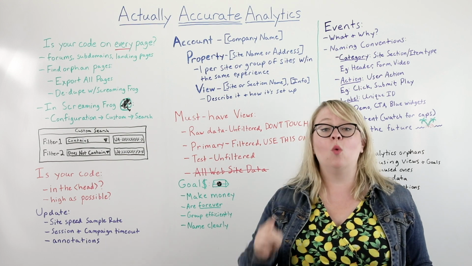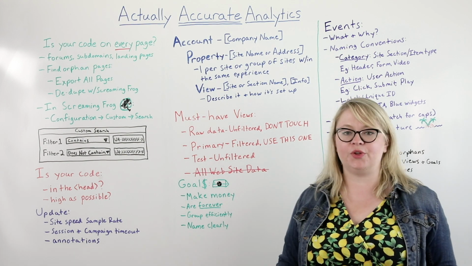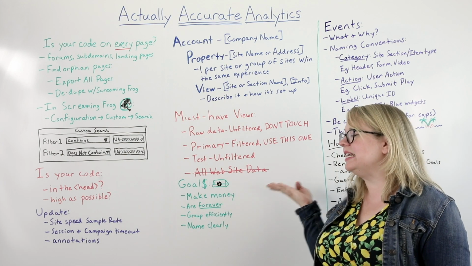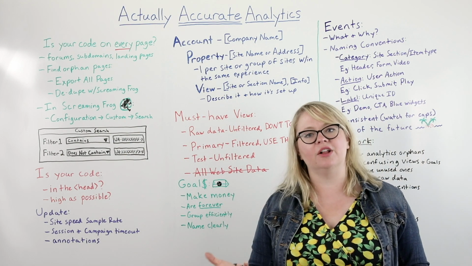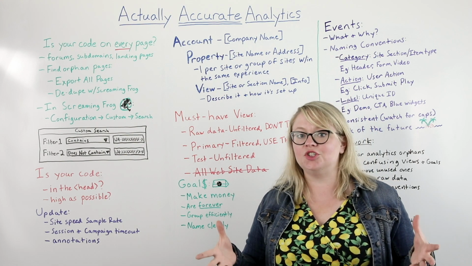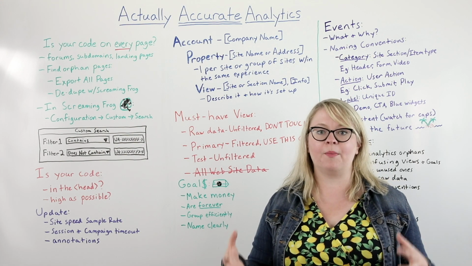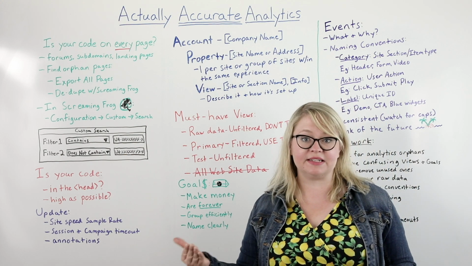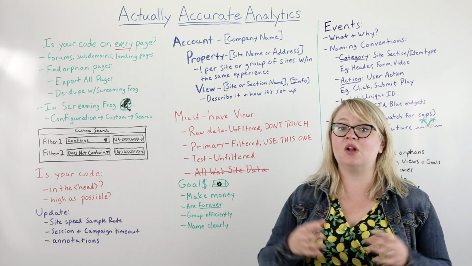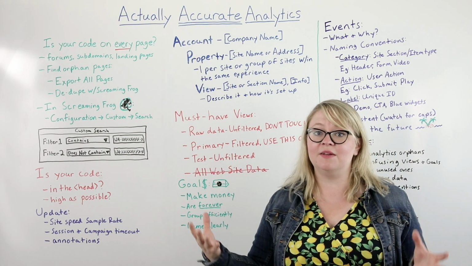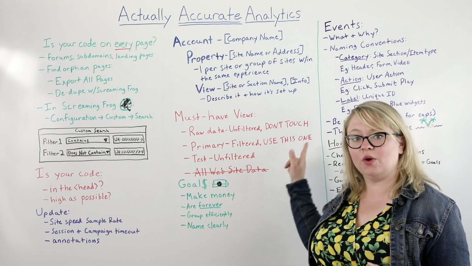What you should not have is a view called "all website data." All website data is what Google will automatically call a view when you're first setting up GA. And a lot of times people don't change that as they're setting up their analytics. And the problem with that is that all website data means different things to different people. For some people, all website data means the raw data. For some people, all website data means that this is the "use this one" view.